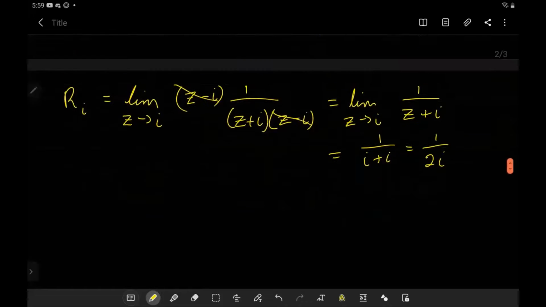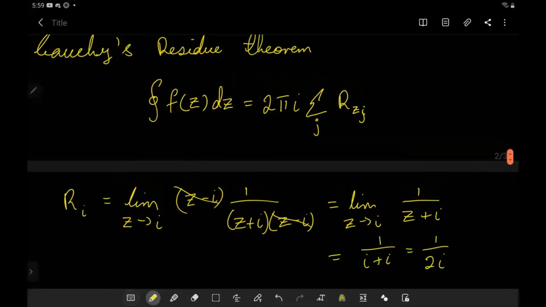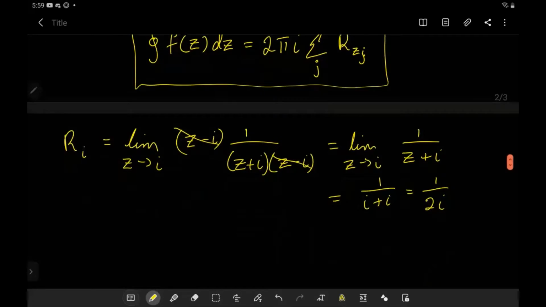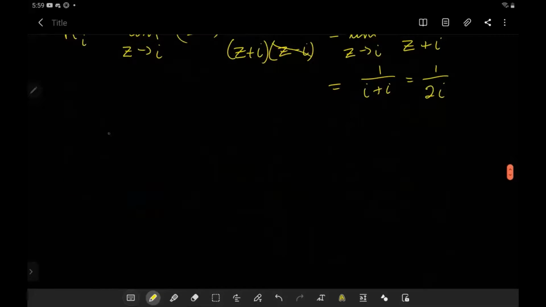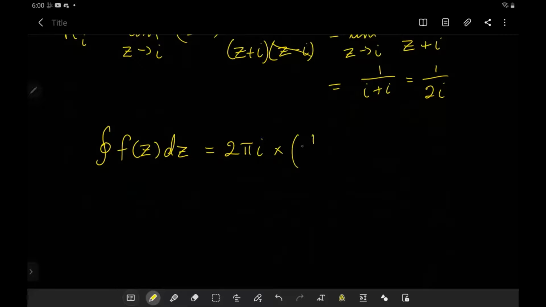Lovely. So if we go back to this formula here, we can get a value for our integral. We have that the enclosed integral of our function is equal to 2 pi i times the sum of my residues, but I only have one residue, which is 1 over 2i, which is nicely cancelled.